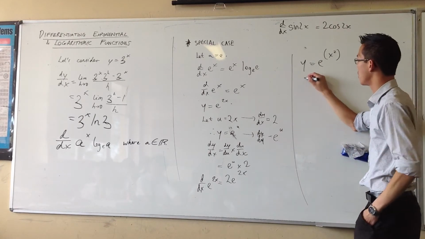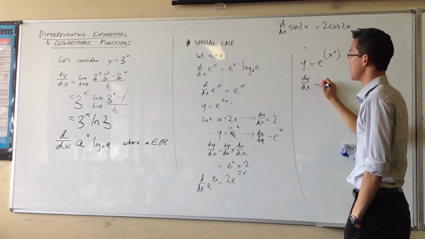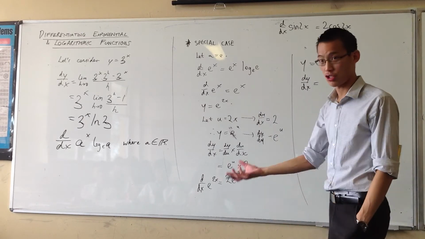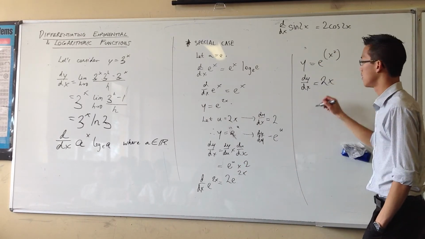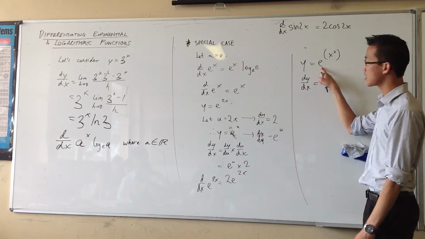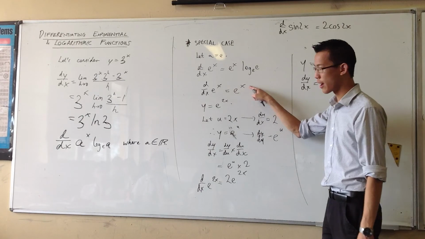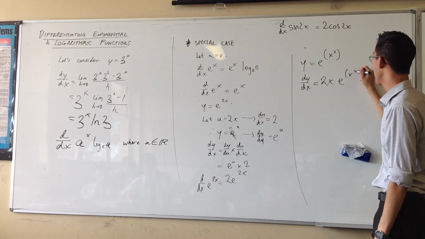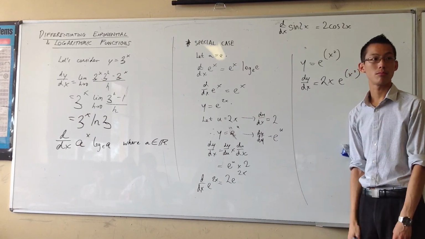So dy on dx here: the inside function is x squared, so its derivative is just 2x. Bring the power down, reduce the power by 1, and now differentiate the outside, which is e to the power of something. And e to the power of something doesn't change. So it'll be e to the x squared. Chain rule.